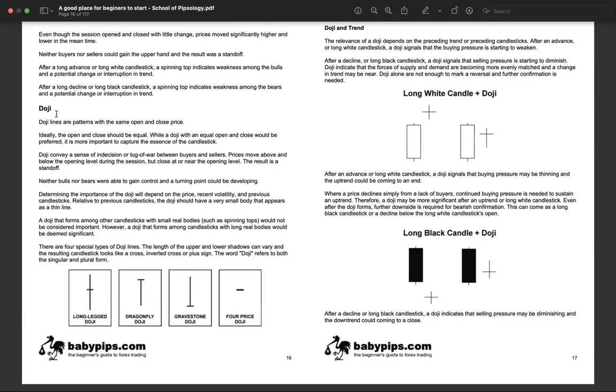On that particular time frame there is a balance: if 50 people bought that asset, it means another 50 people will have sold that asset. Which means there is a standoff there. A doji represents indecision, because if it's 50-50, the market can move in any direction.